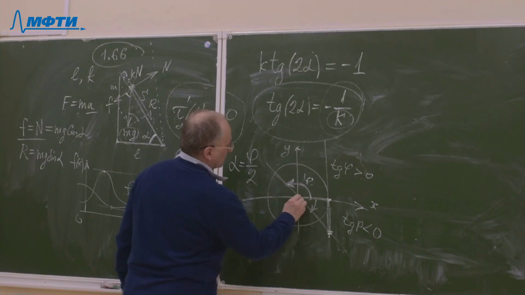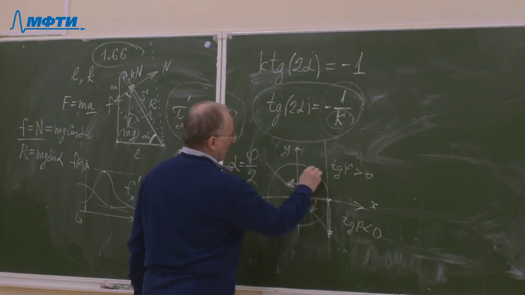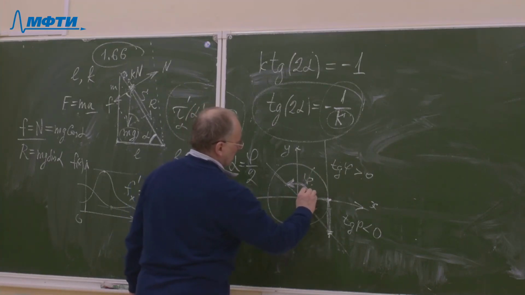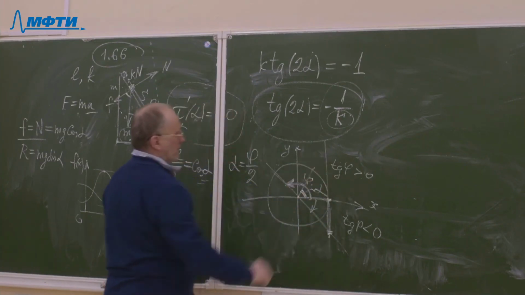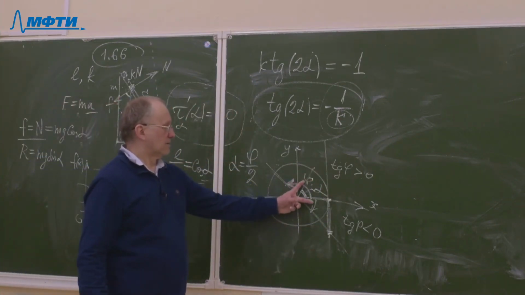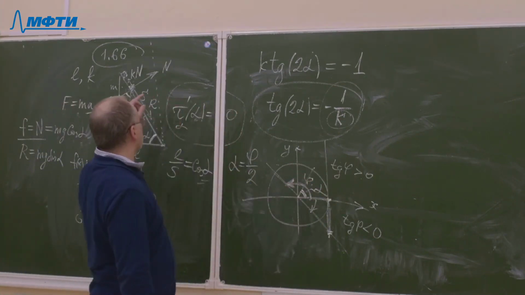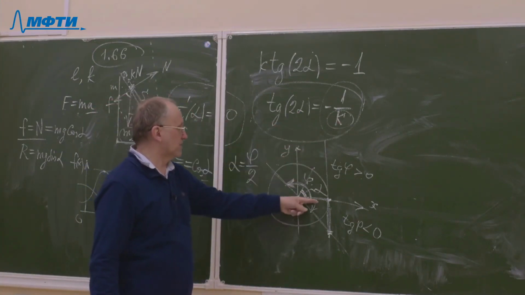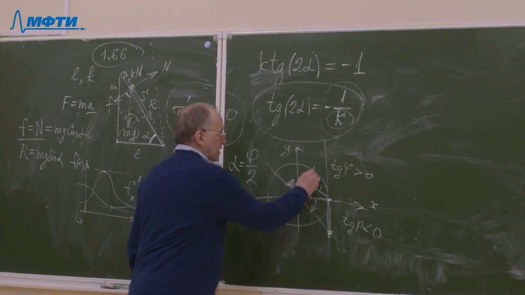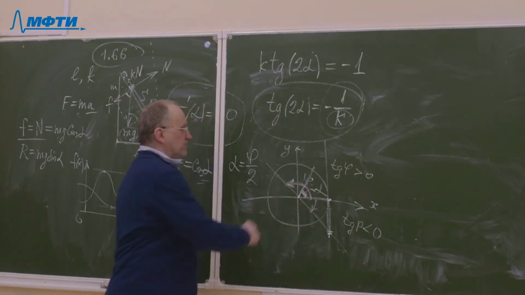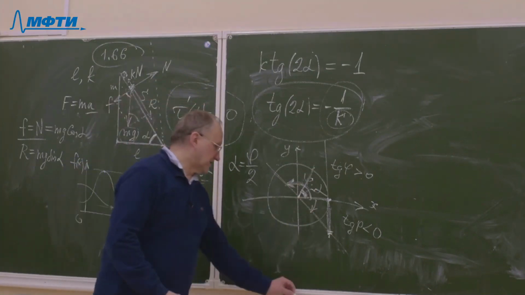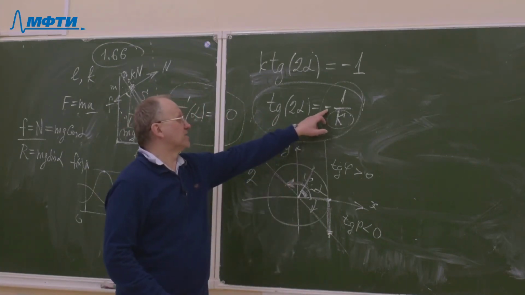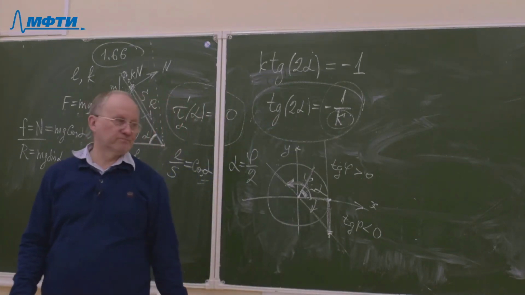How to divide the angle by 2, something like that. So that will be angle alpha. It can be found easily if we are given coefficient of friction, then you can easily find angle alpha. It will be half this angle phi. That's the explanation why we have obtained negative number here.